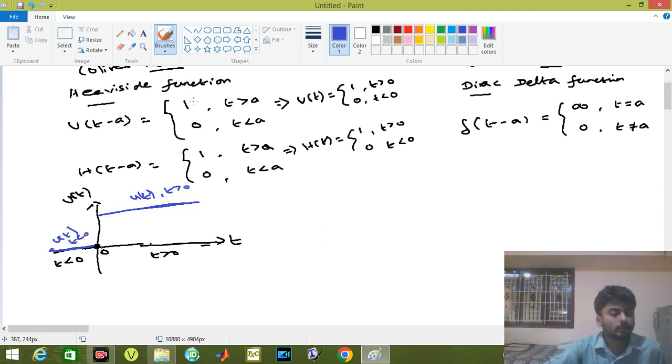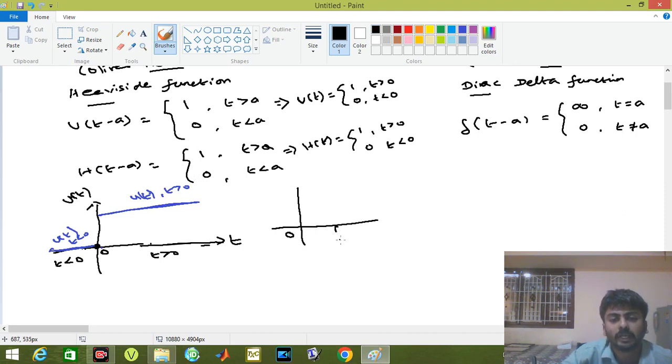Suppose if I want to plot this unit function for t minus a. For t minus a, I will get like this. Okay, a small shift, 0. Here it is a. Okay, this is t and this is h of t minus a or u of t minus a, whatever it is.